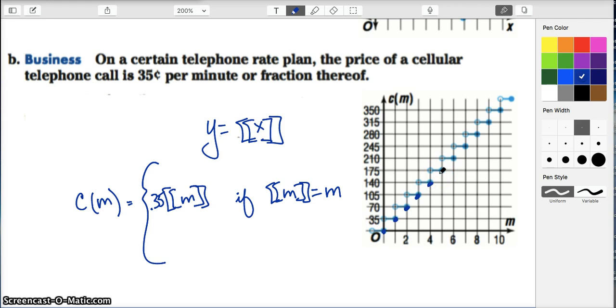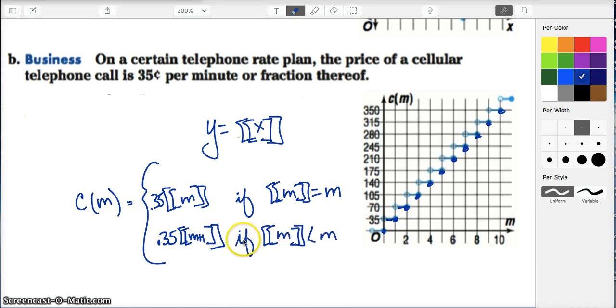Now we need to find a way to establish the fractional values, rounding the fractional values up so that we can get all of this mapped to the same 35 cents and 70 cents and so on. And so what we would say now is we could look at that as 35 cents plus the greatest integer that is greater than or equal to m plus 1.